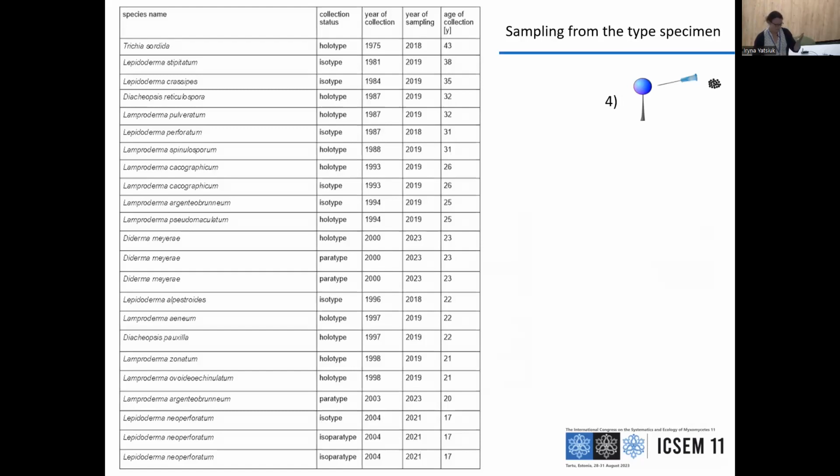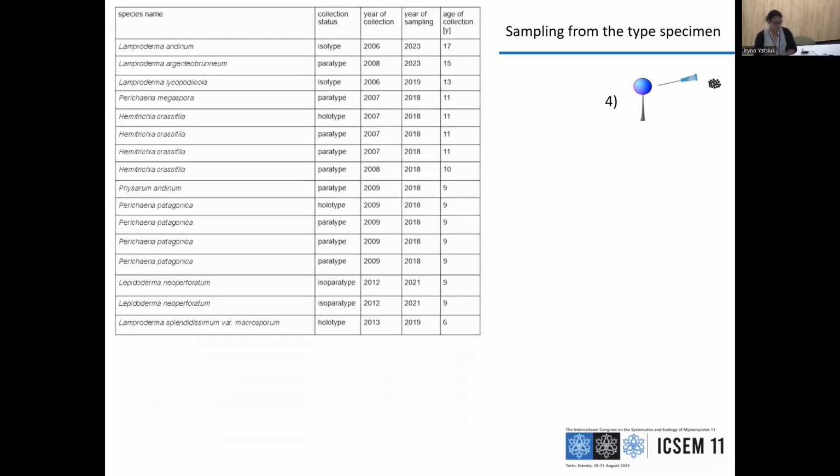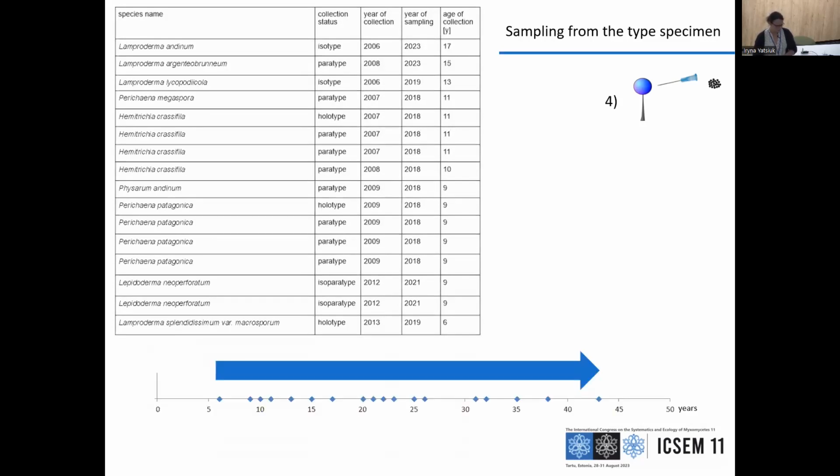With this protocol, we were able to obtain barcode markers of dozens of type specimens. The oldest of them is Trichia sordida, which was collected 43 years before sampling. So using this method, we are able to obtain barcode markers from species described during the last 40 years. I think that is pretty nice.